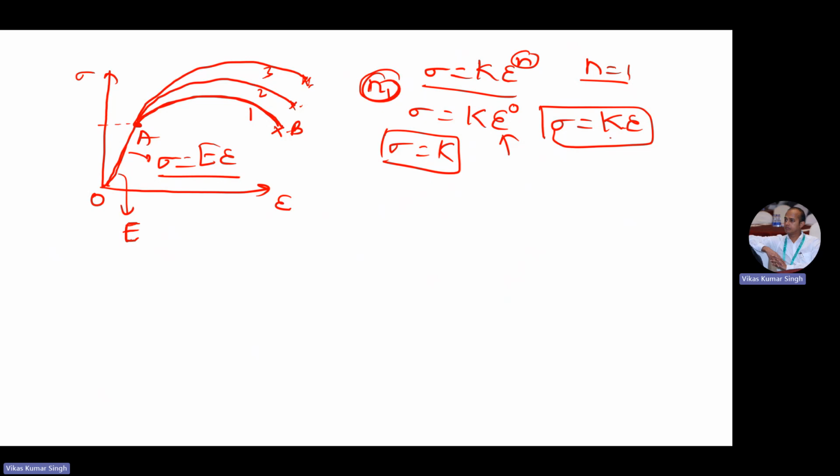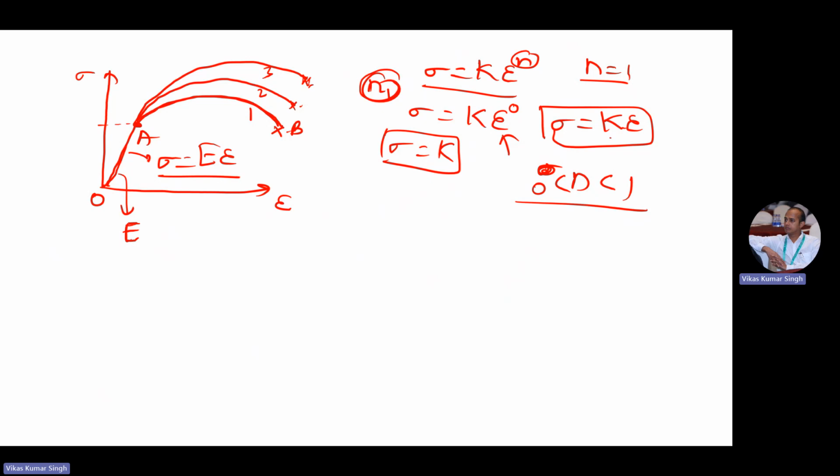So what I'm trying to say is, if the n value is something between 0 and 1, you will get some hardening of the material. You can change the n value in the equation, and feel how this equation is changing and relate the equation with that stress-strain curve.